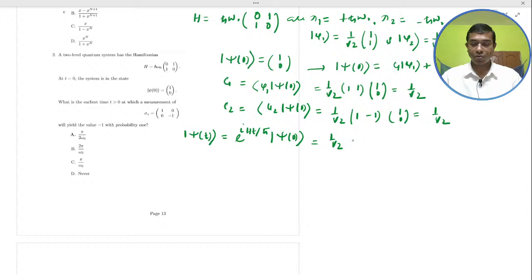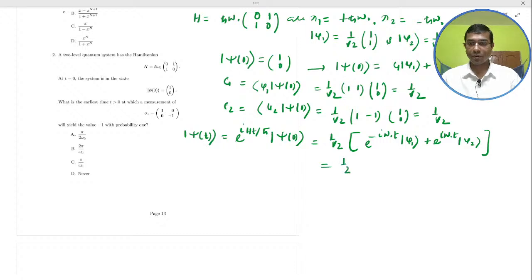This is 1 by root 2, exponential minus i omega naught t phi 1 plus exponential plus i omega naught t phi 2.